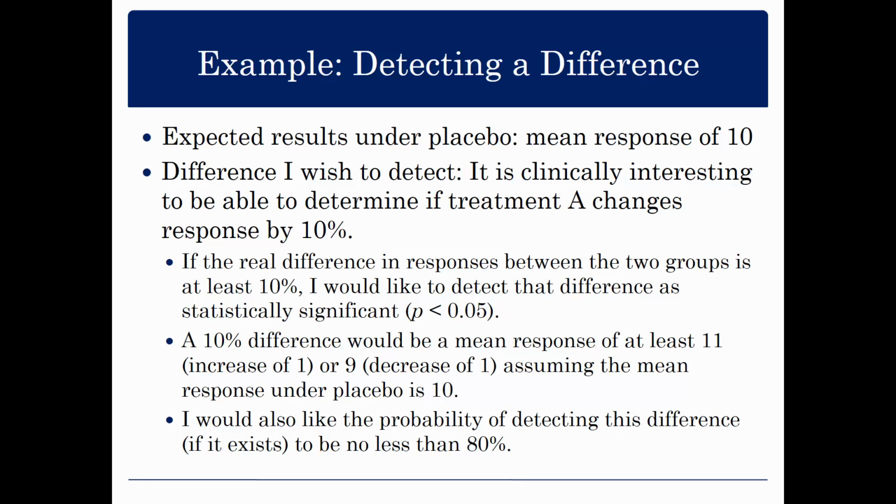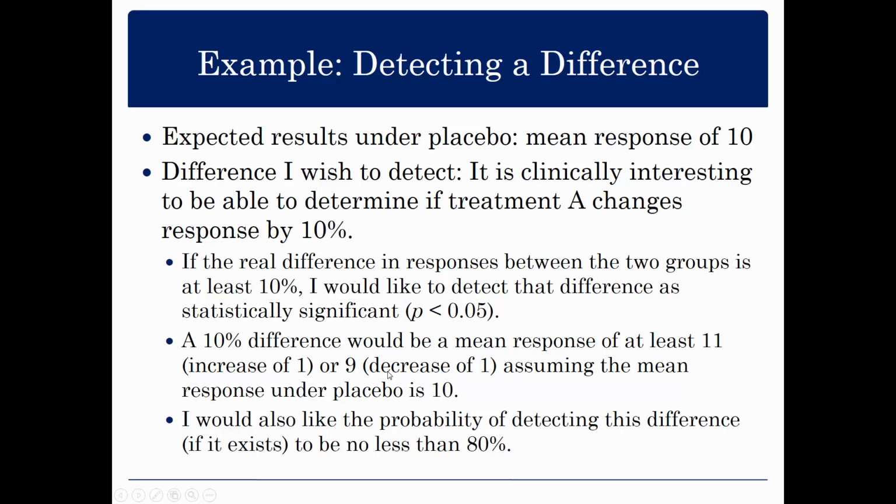Suppose you do know that it's clinically interesting to be able to determine if treatment A changes the response by 10%. So if the real difference in responses between the two groups is at least 10%, so a mean response of 10 in placebo, a 10% increase would just be an increase of 1, which would result in a mean response of 11 in the treatment group.